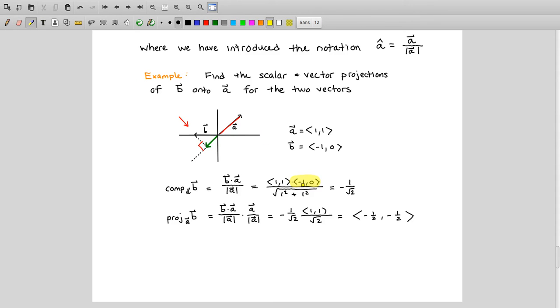And this is simple, and so it just picks off the first component of a, and so we get minus 1 over root 2. That's the length of that vector. Now how do we turn it into an actual vector? To get the actual green vector there, we just multiply that length times, again, the unit version of a. So we get minus 1 over root 2 times, again, (1, 1) over root 2. And that gives us (-1/2, -1/2).